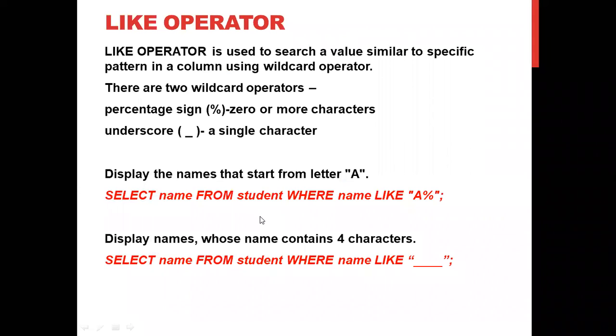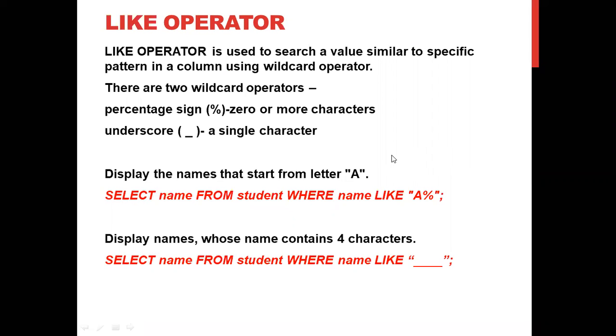Next, very important is the like operator, also known as pattern matching, because this is used to search a particular pattern in a column with the help of wildcard characters.